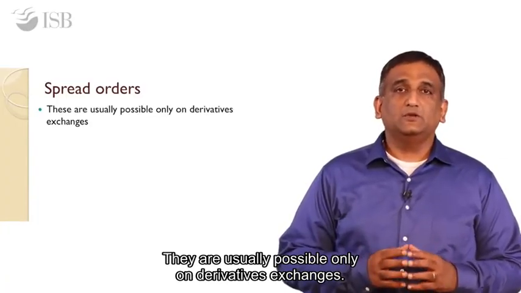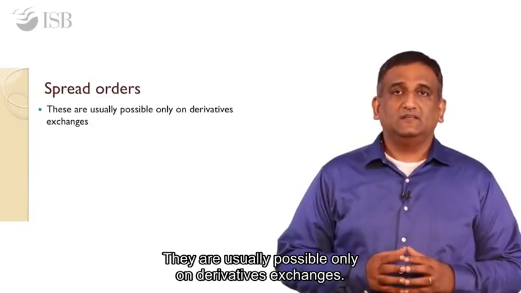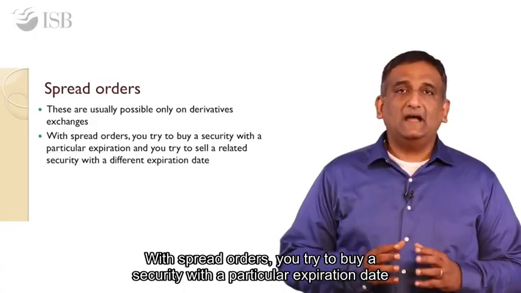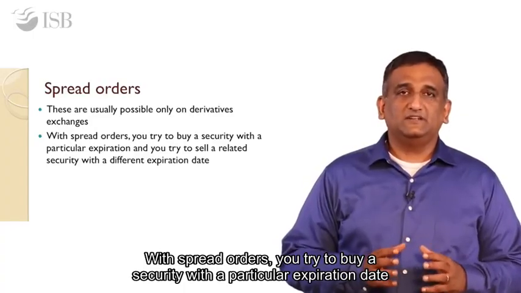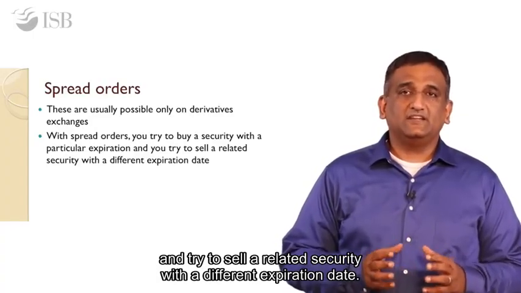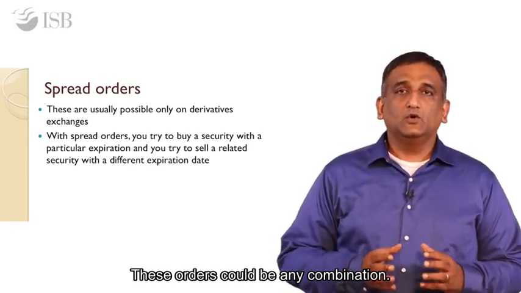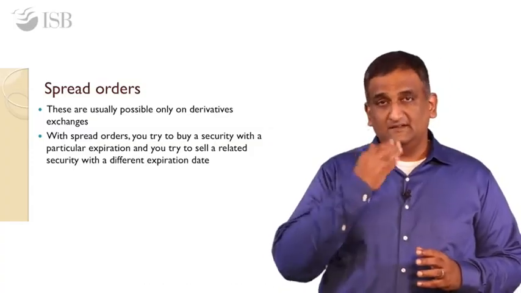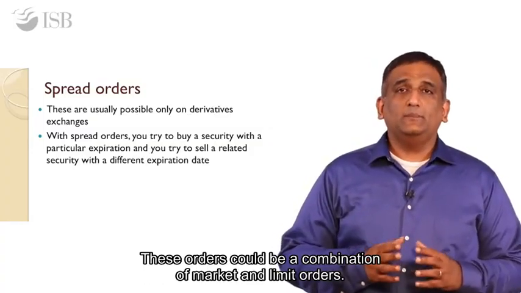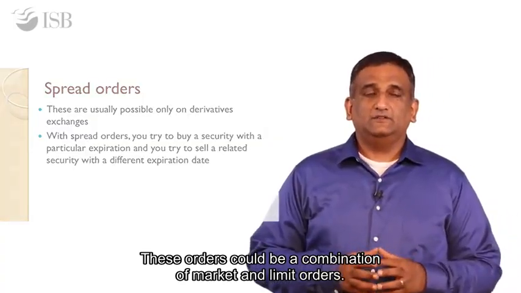They are usually possible only on derivatives exchanges. With spread orders, you try to buy a security with a particular expiration date and try to sell a related security with a different expiration date. These orders could be a combination of market and limit orders.